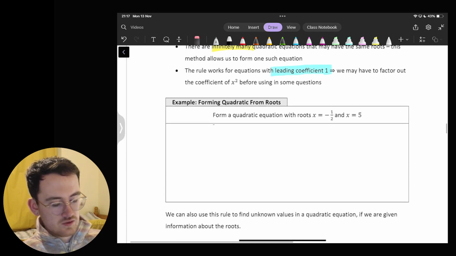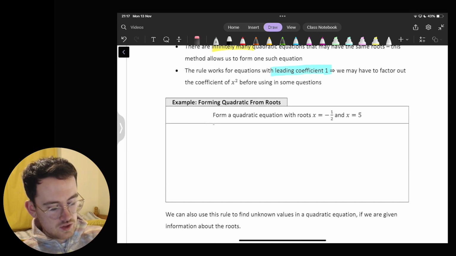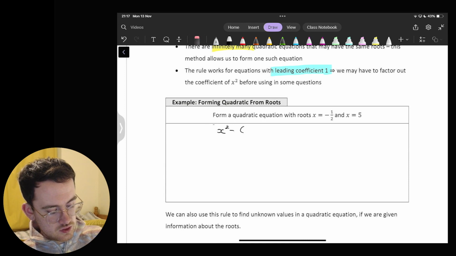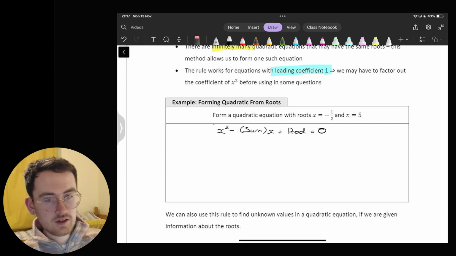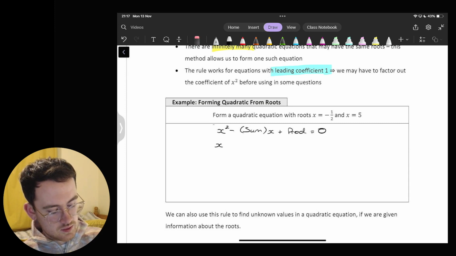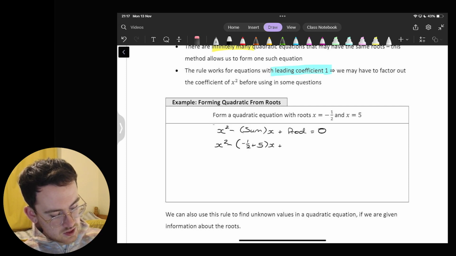So let's just go quick: form a quadratic equation with these two roots. We're going to use our little quick rule. So x squared minus the sum x plus the product equals 0. We're making an equation, so it has to be equal to 0. So x squared minus the sum, so adding them together, a half plus 5, x plus the product, multiplying them together, for the product.